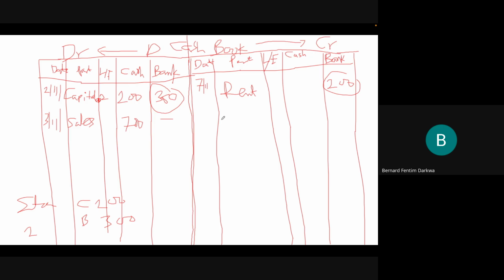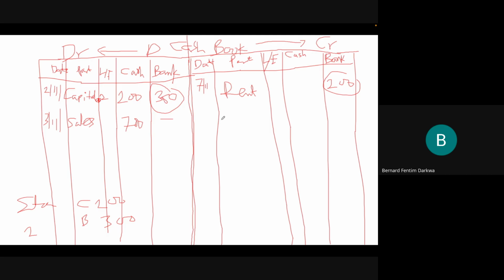Contra entry happens when you are preparing the cash book and there's a transaction which affects both bank and cash at the same time. That transaction is called a contra entry. And when you record it, you write a big C in front of that transaction.